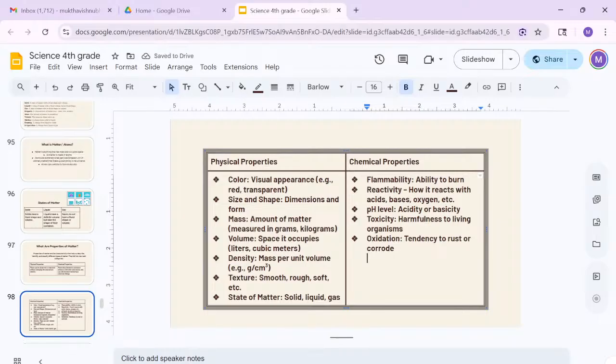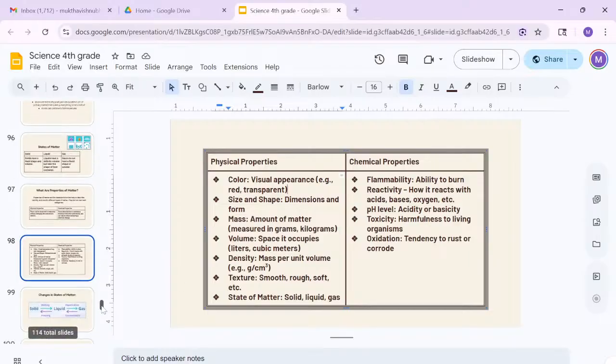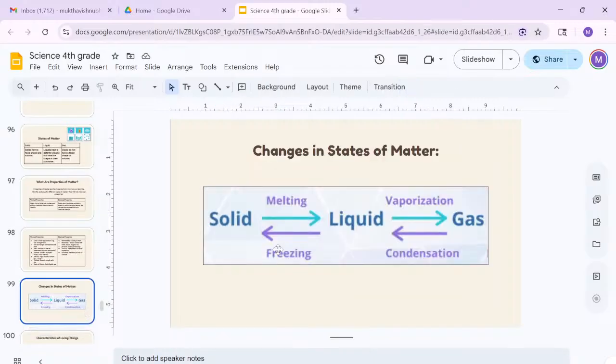I don't know where my brain was, but color is a physical property because, for example, if you have a red apple, it is still an apple even if it's a different color. A red apple is still an apple even if you observe its color. You know what I mean? So that's why I was wrong.